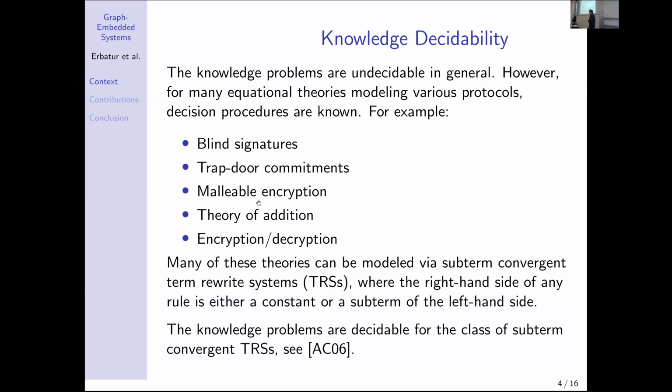So a subterm rewrite system is a very simple term rewrite system where the right-hand side is just a subterm of the left-hand side. So for rewriting people, it's a very simple class of term rewrite systems, but it already allows us to specify a lot of interesting properties with respect to the knowledge of an intruder, especially for instance, encryption, decryption.